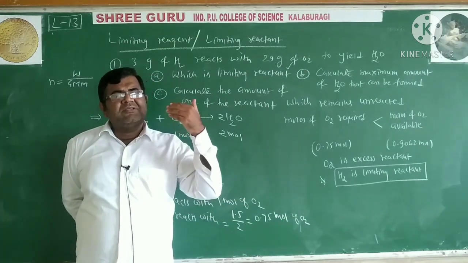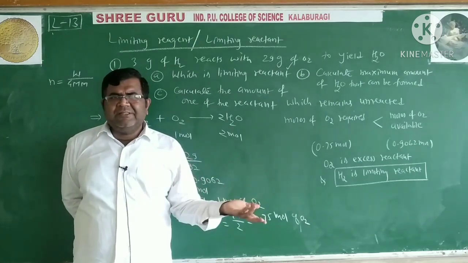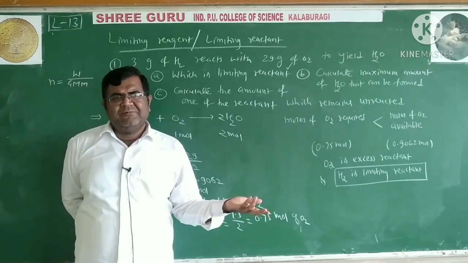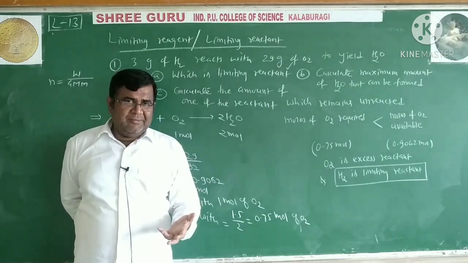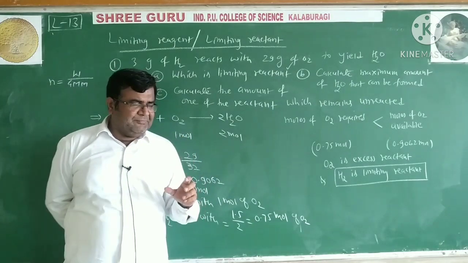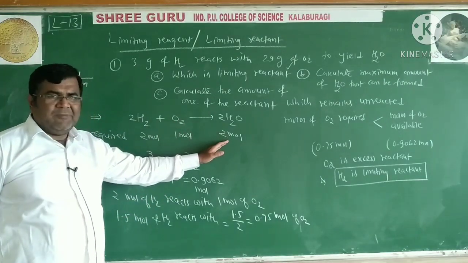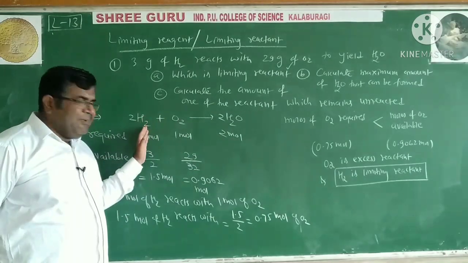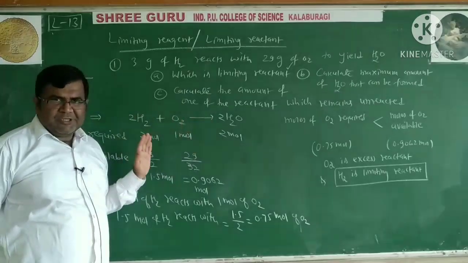Their performance will not be reflected in the scorecard. The scorecard is only for those batsmen which actually batted. So the excess reactant will not contribute towards the formation of product. Only the limiting reactant, which is being consumed, contributes to the product.